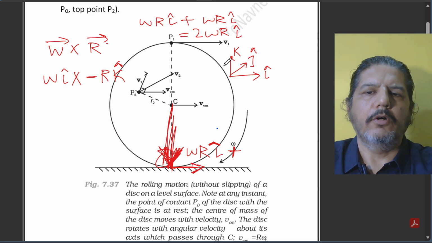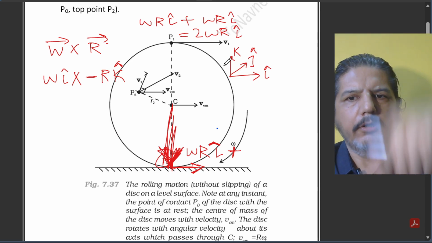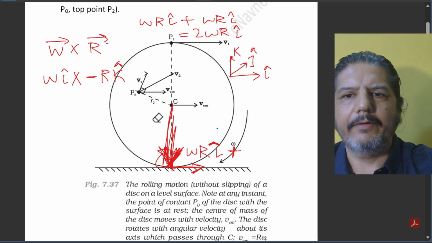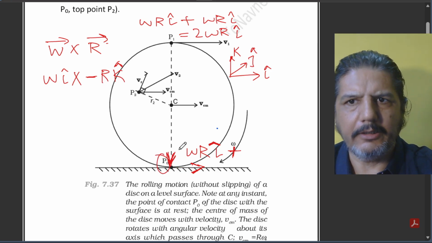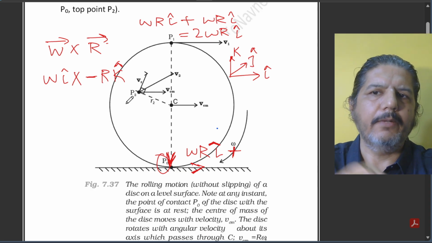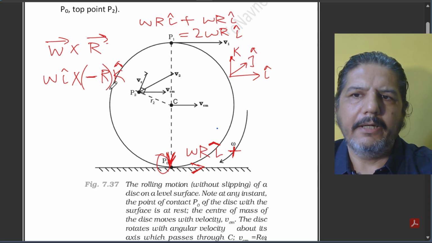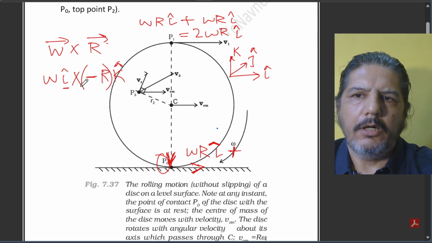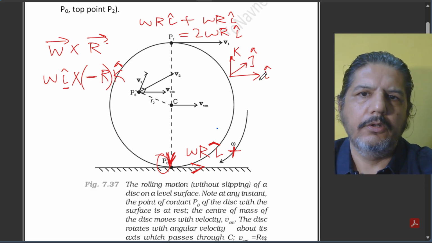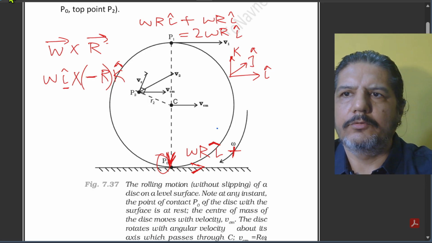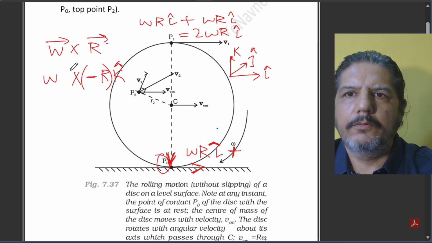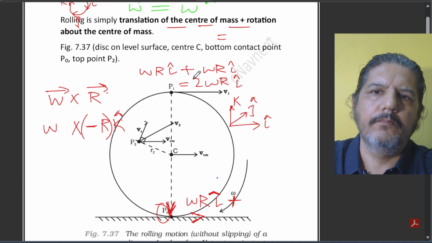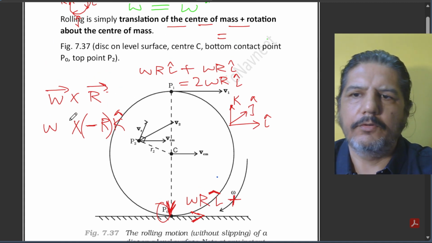Because the r vector for P naught is pointing in the downward direction, that is why it is minus r k. Sorry, this is j, I'm sorry. Yeah, this is j.